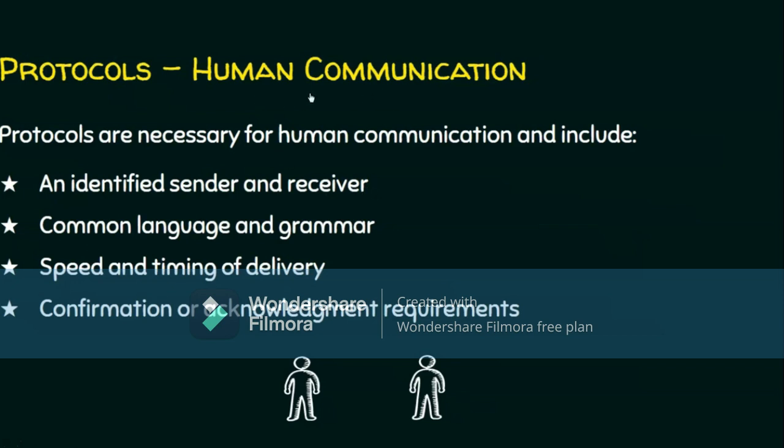And this communication can be effective only when it involves a common language and grammar. Otherwise, communication will not be perfect. Speed and timing of delivery of speech is also very important. And if this guy wants to ensure whatever he has said is understood by the other, he should get confirmation or acknowledgement from the receiver, that is the destination. Only then can human communication be effective.